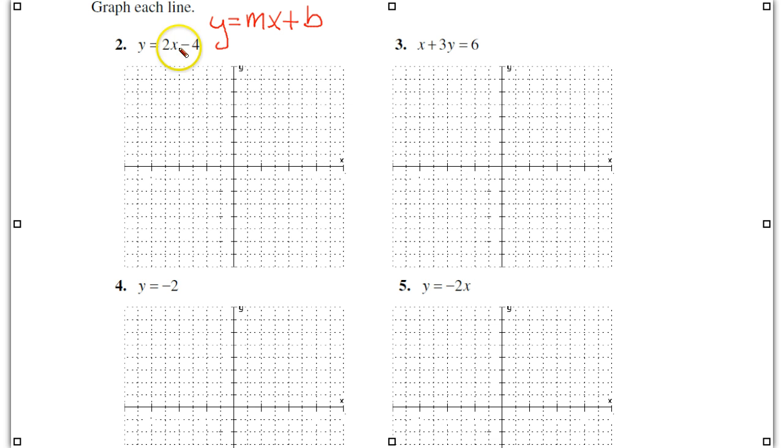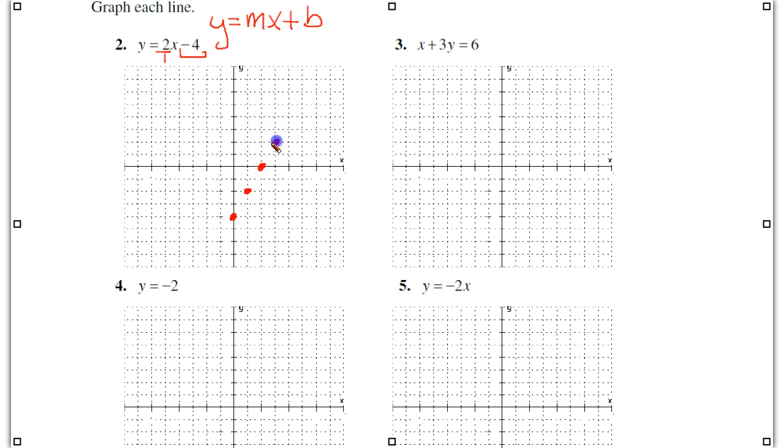So there is our y-intercept at -4. 1, 2, 3, 4 is right there, -4. And then our slope, which is our m value, is 2 over 1. So from this point we go over 1 up 2, get a dot right there, over 1 up 2, over 1 up 2.